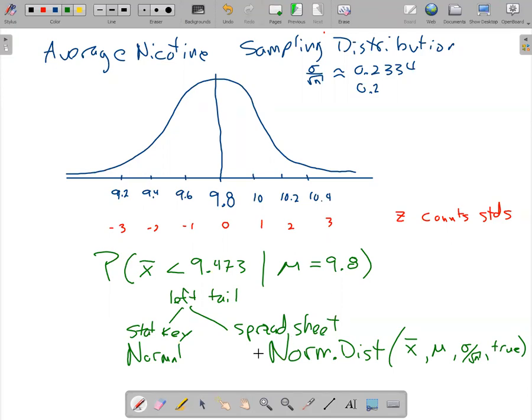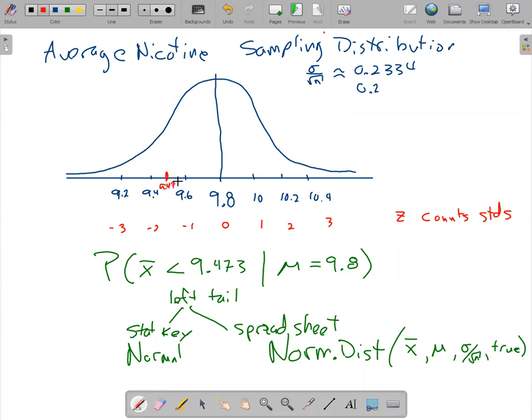Oh, let's draw that in the picture. So where does 9.473 fit on my picture? Your version of this problem will have slightly different numbers, and same thing on the application. Everybody has slightly different numbers on the application. 9.473, it's kind of close to 9.5, so that would be around here-ish.